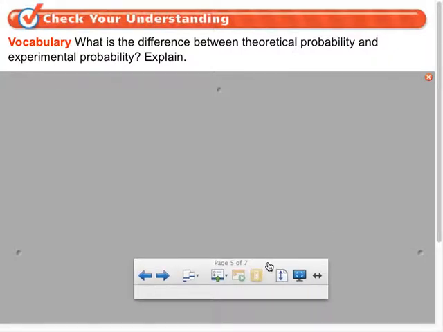Check your understanding. Vocabulary. What is the difference between theoretical probability and experimental probability? Somebody explain in their words. I don't think I've heard from Nathan today. Were you raising your hand back there, Nathan? Can you go ahead and explain the difference?